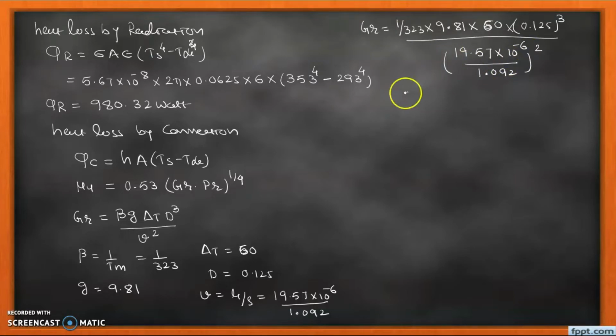By simplification, we get the value of the Grashof number as 110,81854.